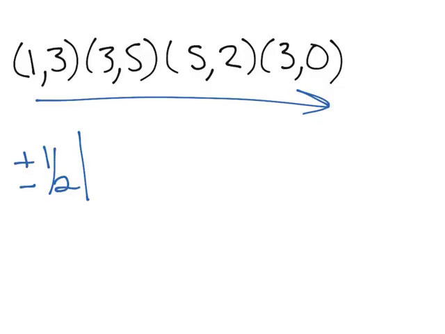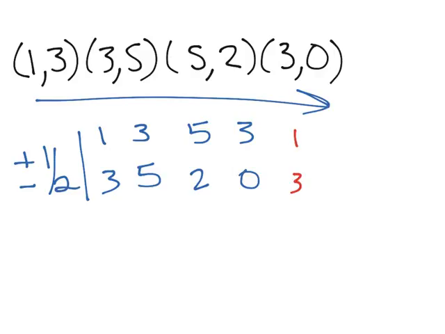It doesn't really matter, but just to make it easier for us: 1, 3, 3, 5, 5, 2, 3, 0, and then repeat the 1, 3. Let's take the summation of the product of the elements of the diagonals that go from top left to bottom right.